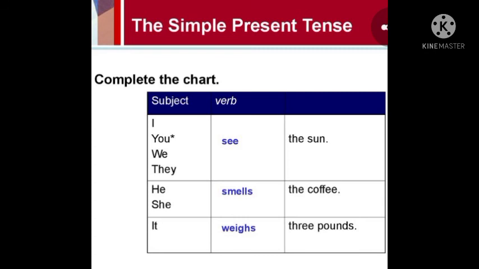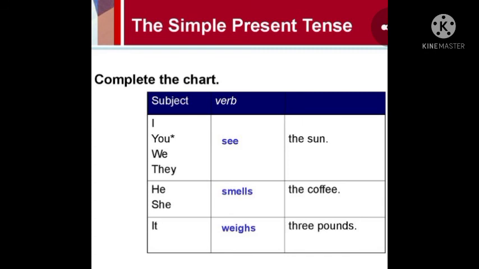So I see the sun, you see the sun, we see the sun, they see the sun. Why? Because these are the subjective pronouns, and if we have these pronouns in the sentence, we use first form of verb.